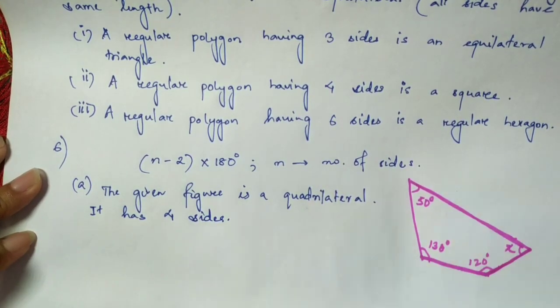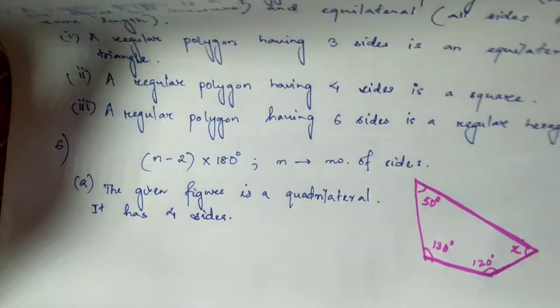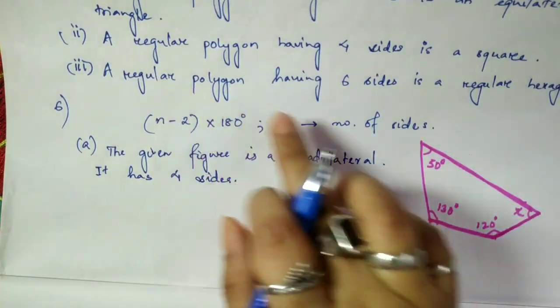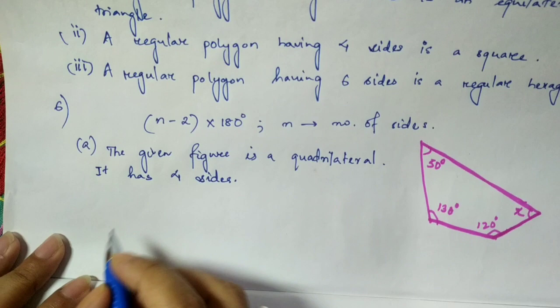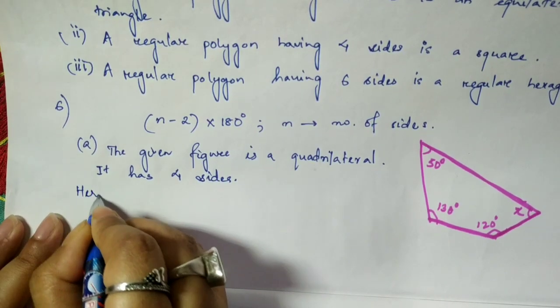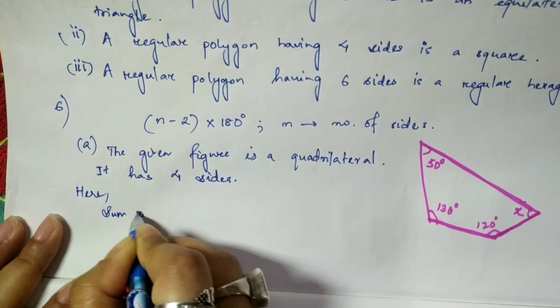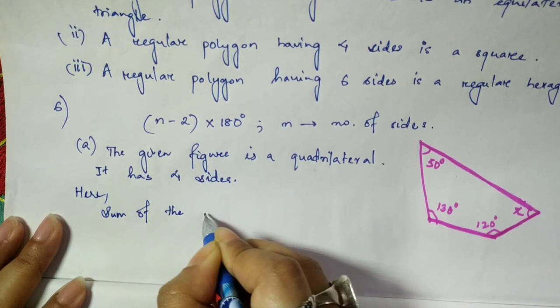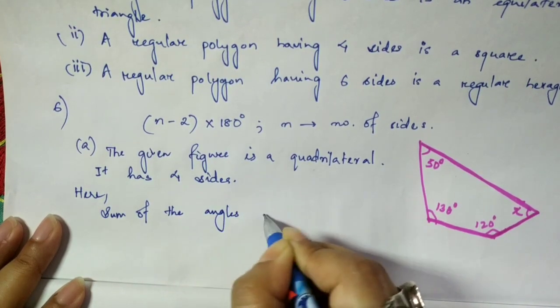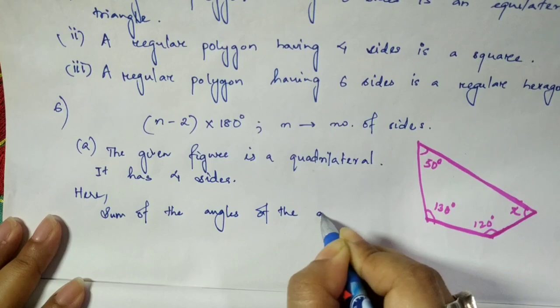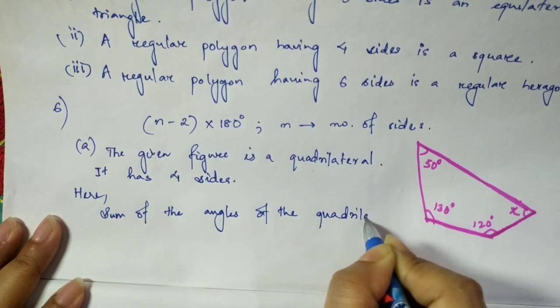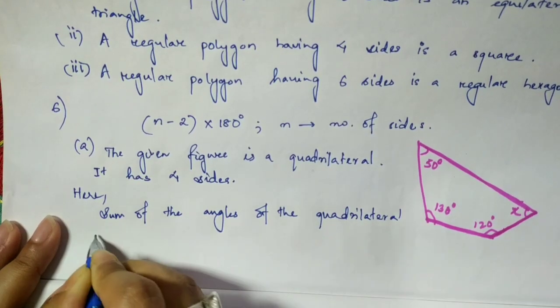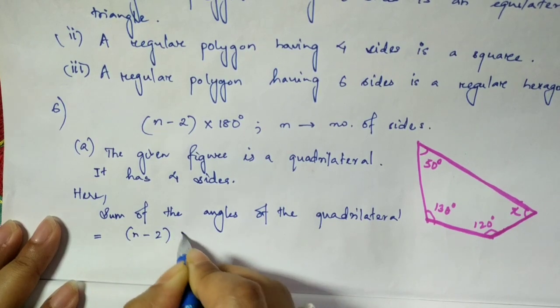How many sides? So sum of the angles of the quadrilateral can be calculated by using this particular formula. Yes, obviously. Here, sum of the angles of the quadrilateral is equal to what? Is equal to, let's write down the formula again for your convenience.